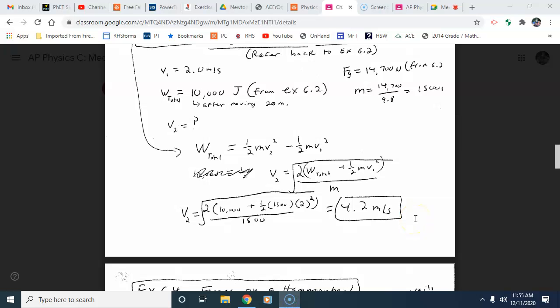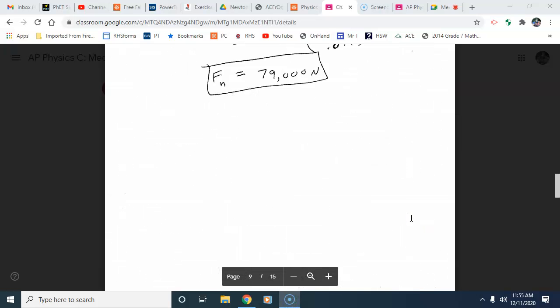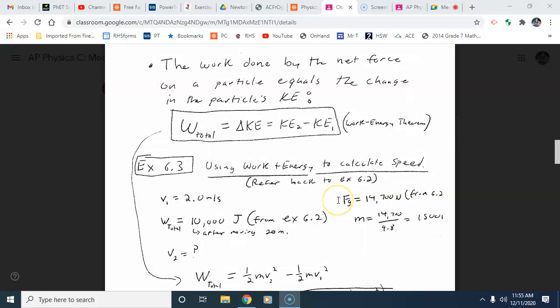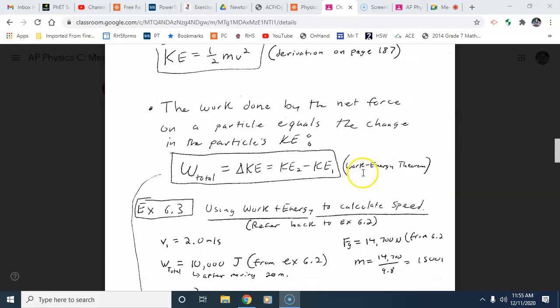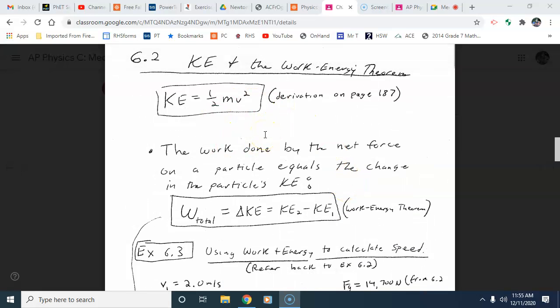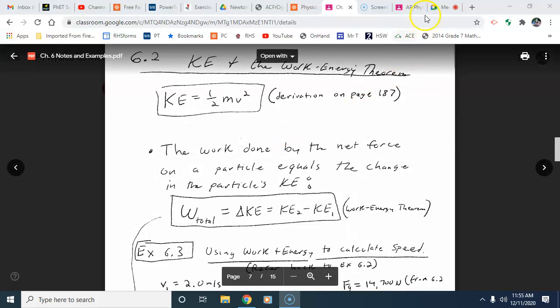Okay, so before we move on to one other example in this section, a little bit longer one, I want to stop and show you something that's very important right now. Where did the work-energy theorem come from, as well as the formula for kinetic energy? It actually comes from things we already learned.